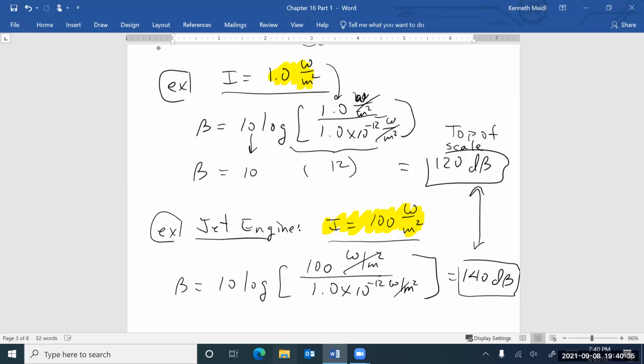And what you get is an increase of 20 decibels. Okay, so an increase of 20 decibels is really huge. I think the typical person probably can easily identify a difference of about 2 or 3 decibels. 2 or 3 decibels is quite a bit.